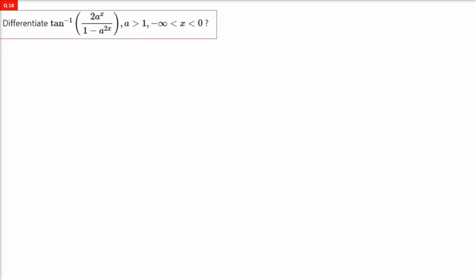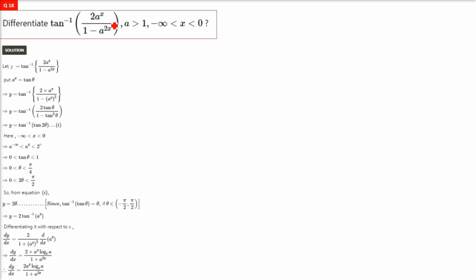Now differentiate tan inverse of 2a raised to x over 1 minus a raised to 2x, where a should be greater than 1, and x should be between negative infinity and 0. So the solution I always show just for those people who just want to do it by themselves, and I actually solve it for those who want to understand how this solution has come, what are the steps.